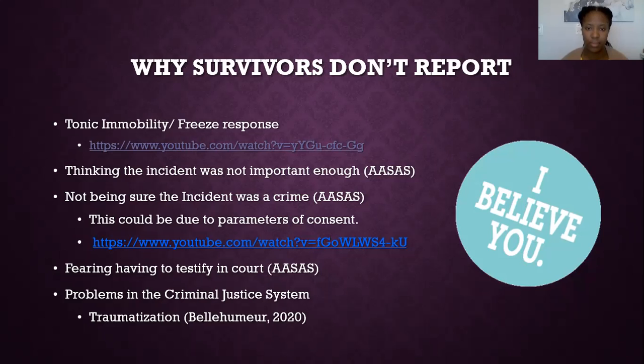What it is, tonic immobility, is an autonomic mammalian response that happens in extremely fearful situations. It is not something that a person has control over, and if you think this information is fake, please check it out with your medical references and you will know what I'm talking about.